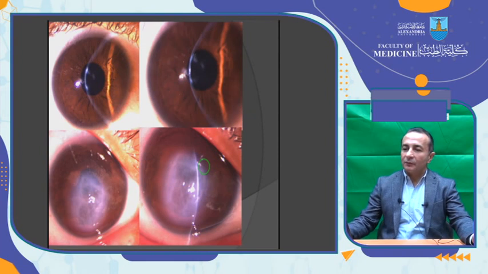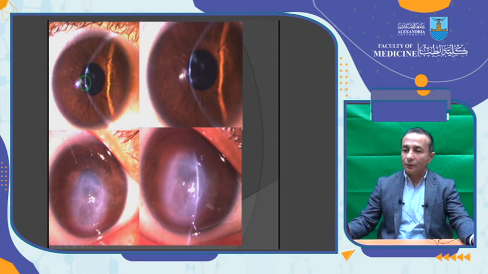So these are some pictures of cases of advanced keratoconus. This is a case of advanced keratoconus, and this is a higher magnification of the same case. You may find marked steepening of the cornea and thinning in the central area, although the peripheral thickness is okay.